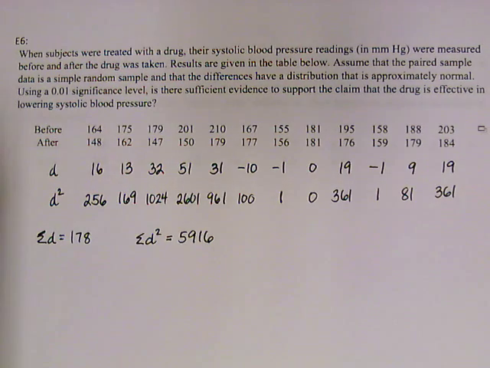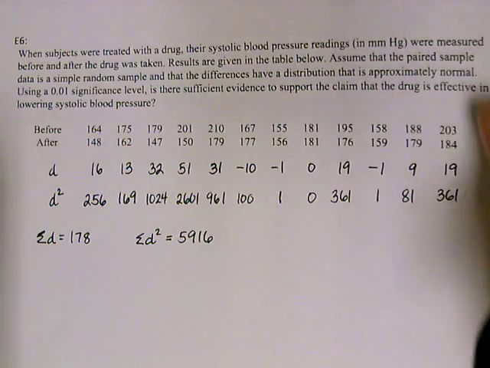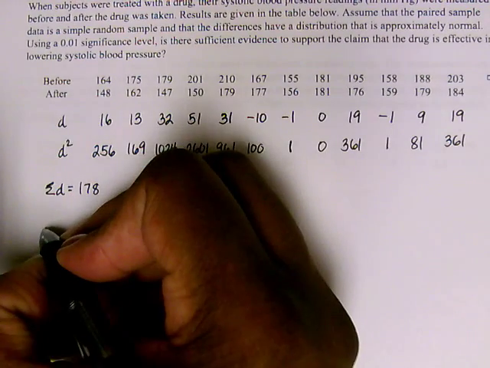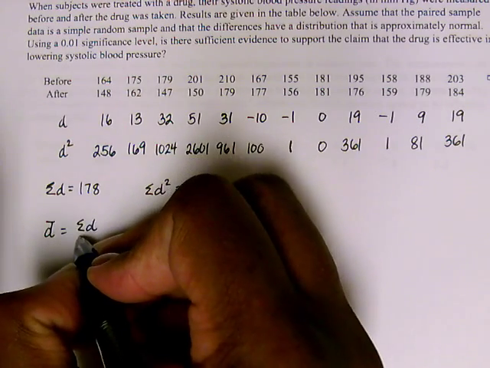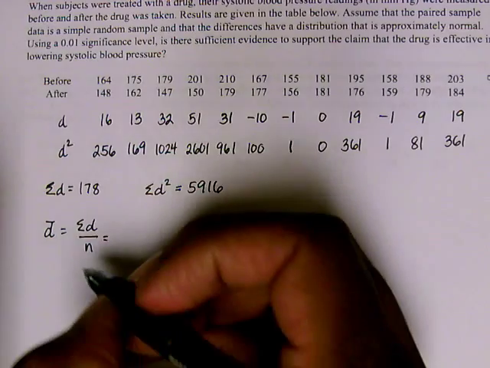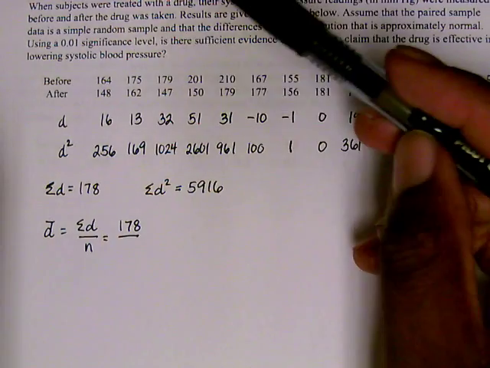We've got to find out what d bar is going to be and s sub d. D bar is the sum of your d's divided by n. The sum of our d's was 178. N is the number of paired data.